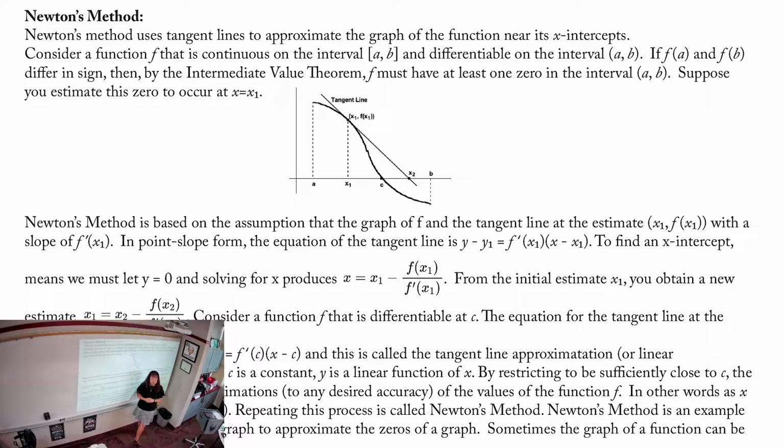Now, we have better tools. So what it does is it uses the equation of the tangent line to cross the x-axis, to make a new coordinate point on the curve, to make a new tangent line, to cross the x-axis, to find a new point, to make an equation of a tangent line to get what c is.